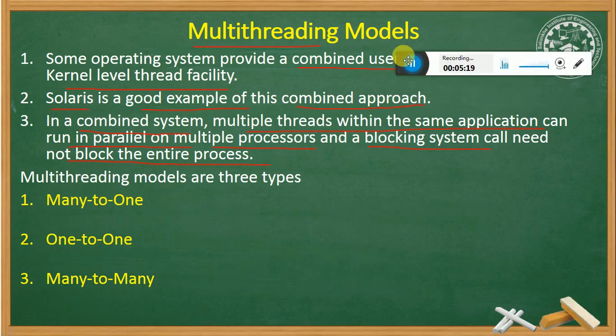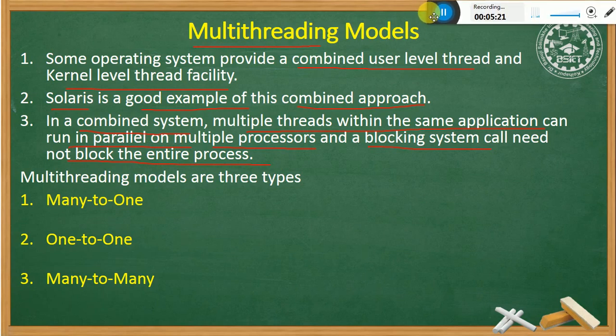So in the multi-threading approach we have three models. Many to one means many user level threads with a single kernel thread. One to one means one user thread must have one kernel thread, and many to many means many user threads with many kernel threads. That is the basic fundamental concept of threading.